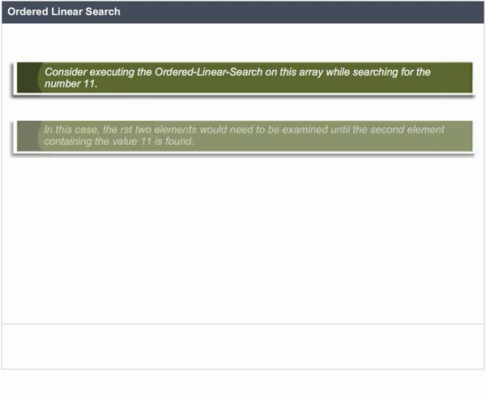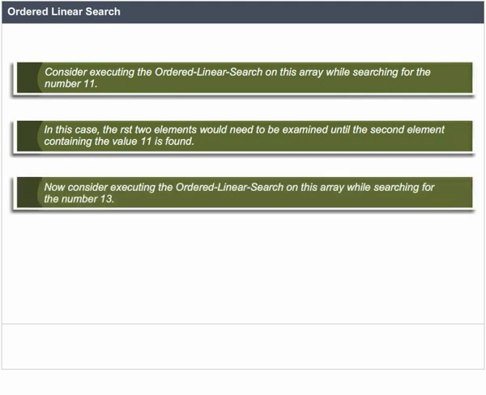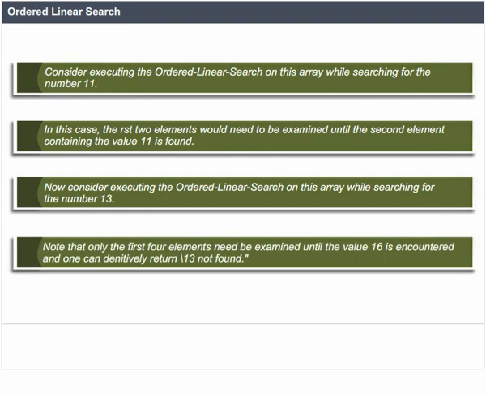In this case, the first two elements would need to be examined until the second element containing the value 11 is found. Now consider executing the ordered linear search on this array while searching for the number 13. Note that only the first four elements need be examined until the value 16 is encountered, and one can definitely return 13 not found.